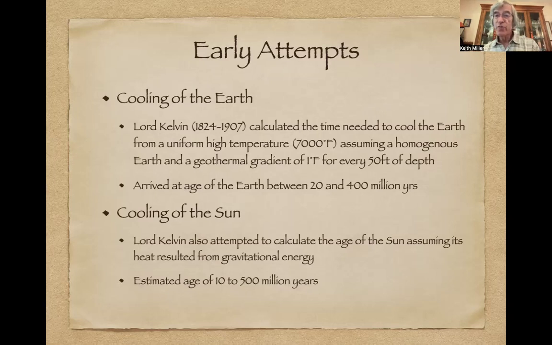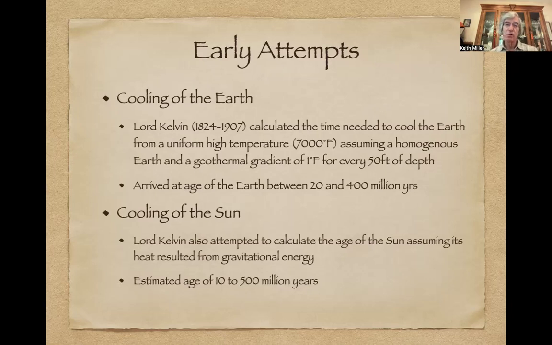He did the same thing with the sun. This is interesting because at this time they didn't know what heated the sun. And he assumed that the sun's heat was simply a result of gravitational collapse and gravitational heating.